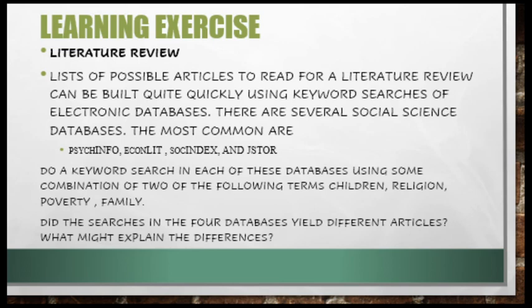You can choose children and family, or family and poverty. Those are examples of keyword search. Now, you have to answer these two questions. Did the searches in the four databases yield different articles? What might explain the differences?